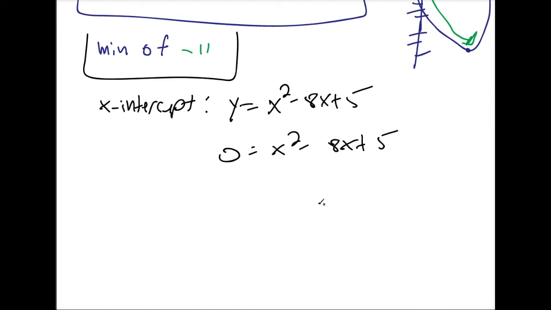Do you know the quadratic formula? I have it, I swear. You know this. You have to memorize it. It's negative b plus or minus the square root of b squared minus 4ac over 2a. Yes, but do you know it to the tune of Pop Goes the Weasel?